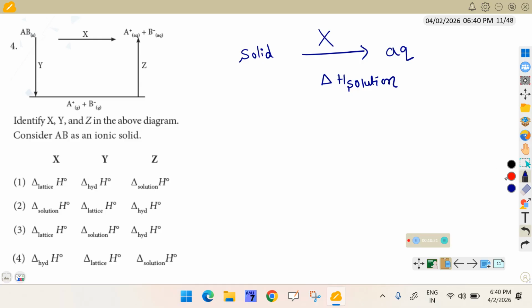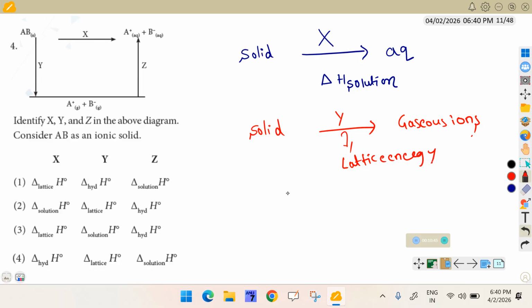So X is enthalpy of solution. Y: the solid form of AB converted to gaseous ions. So that is considered as lattice energy.